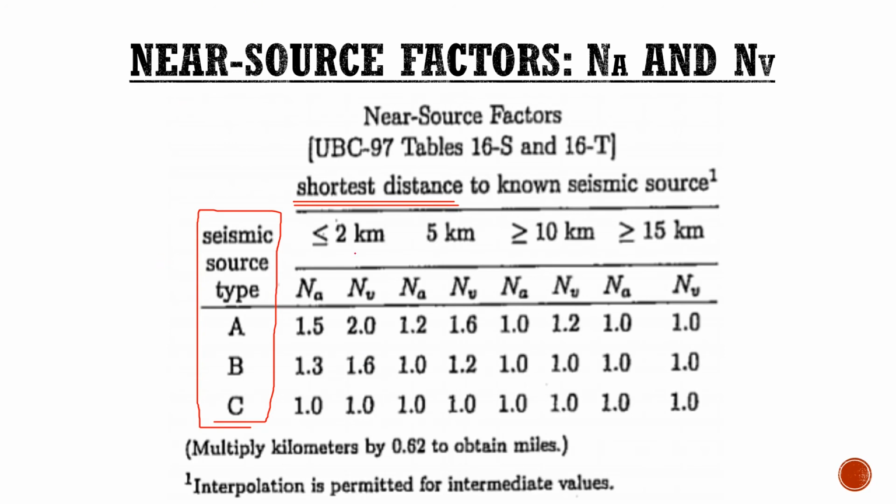The first table is for distance less than or equal to 2 kilometers. Say your structure is less than 2 kilometers from the fault line, then you choose seismic source type A, and these will be your values, 1.5 and 2. If it is within 5 kilometers, the values are 1.2 and 1.6.